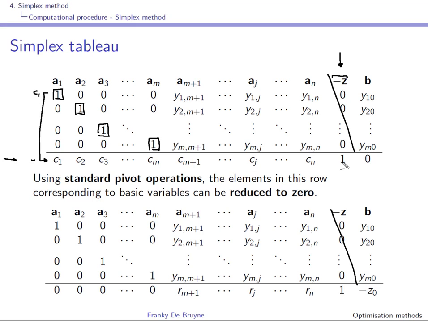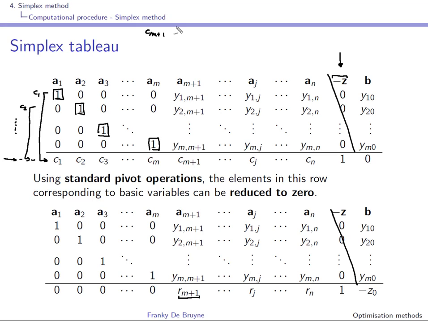This row minus C1 times this row, and we also have to subtract C2 times the second row, and so on. If we do this, we can see that we create zeros over here, and here we obtain the reduced costs. How does this reduced cost appear? Let's just see what happens. We'll do this for this column, and you'll see something similar for the other columns.